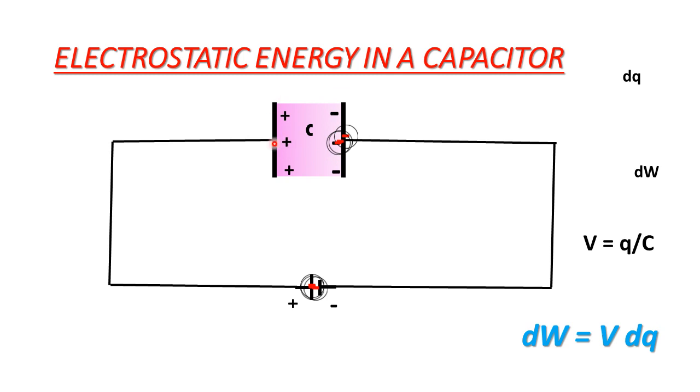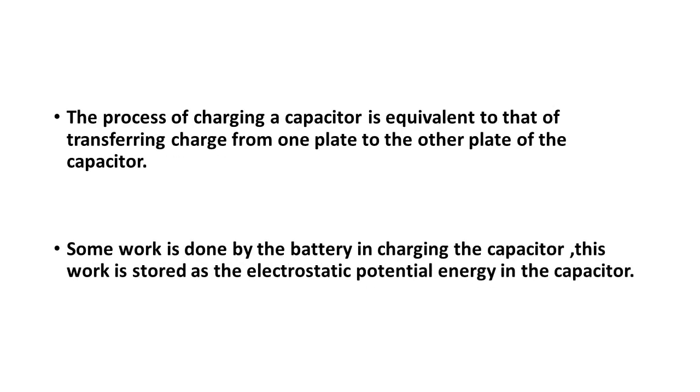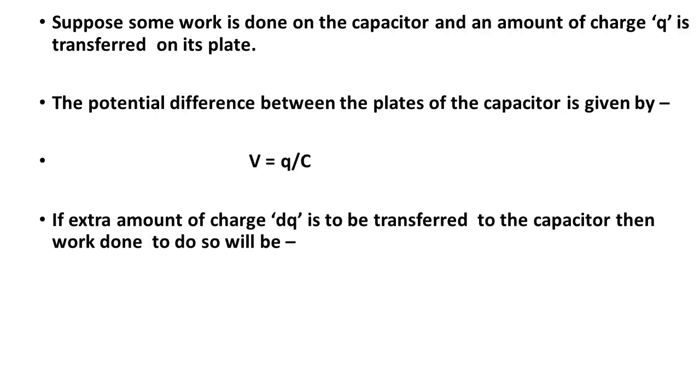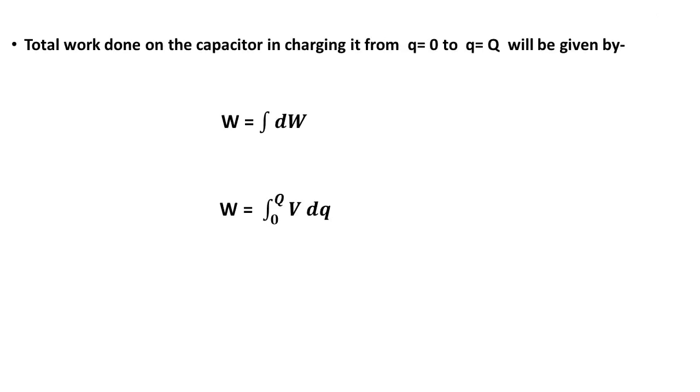Initially this was uncharged, so the amount of charge stored across its plates was 0. And finally, if we want to store capital Q amount of charge across its plates, then the total work done will be W is equal to the integration of V dQ, limit varying from 0 to capital Q. Put in the value of V is equal to Q by C and integrate it.